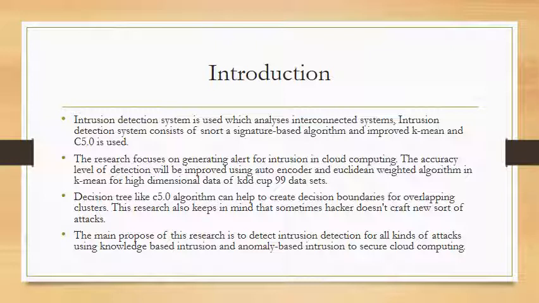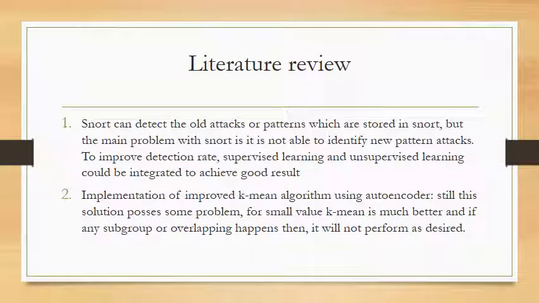One disadvantage of the K-means algorithm is that sometimes clusters overlap, and that can be solved by a decision tree. Utilizing those algorithms and Snort, it can detect all sorts of attacks.